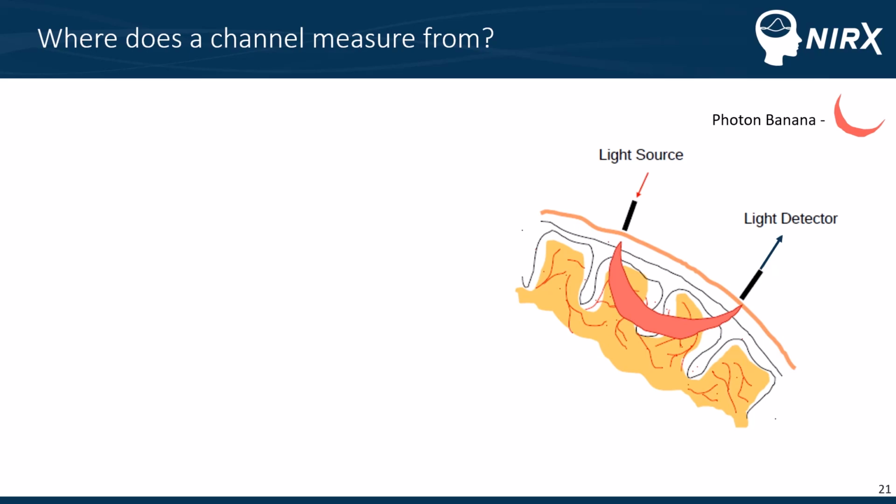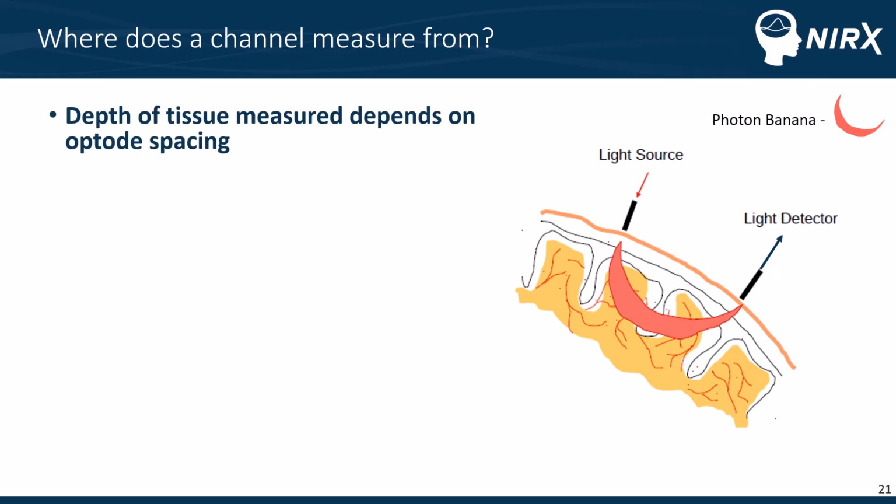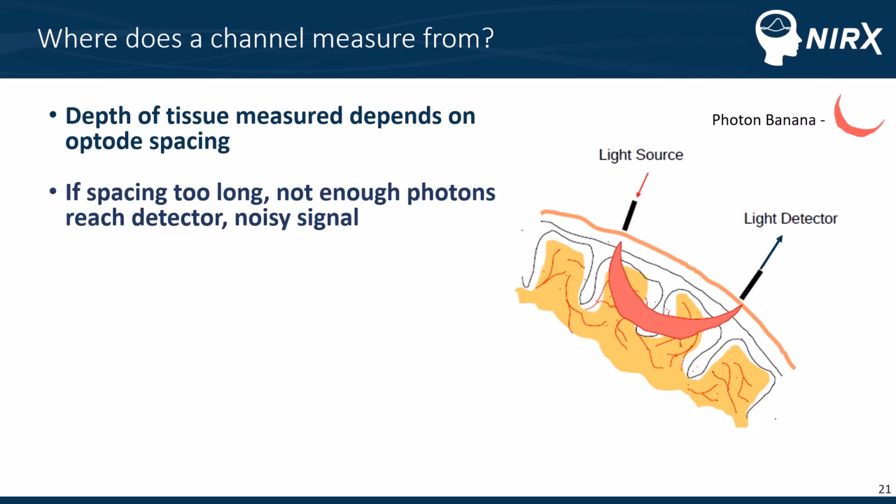So where does the channel measure from? As I just mentioned, it images the tissue in between a source and a detector, in between and underneath. The depth of that photon banana depends on the optode spacing. If the spacing is too long, not enough photons will reach the detector, and you'll have a signal that's dominated by noise rather than your photons of interest.